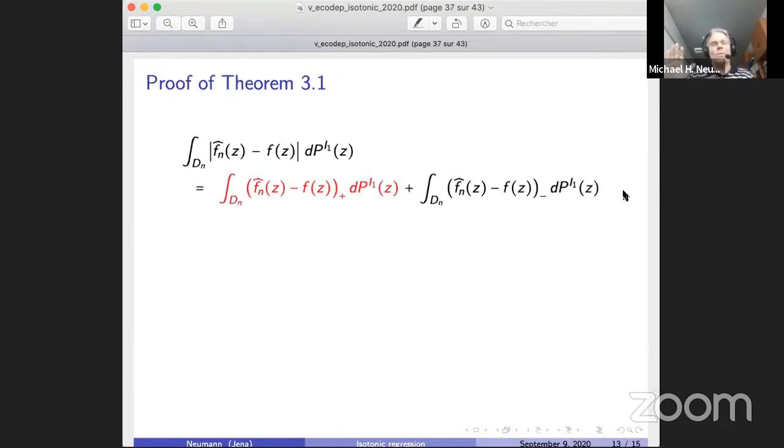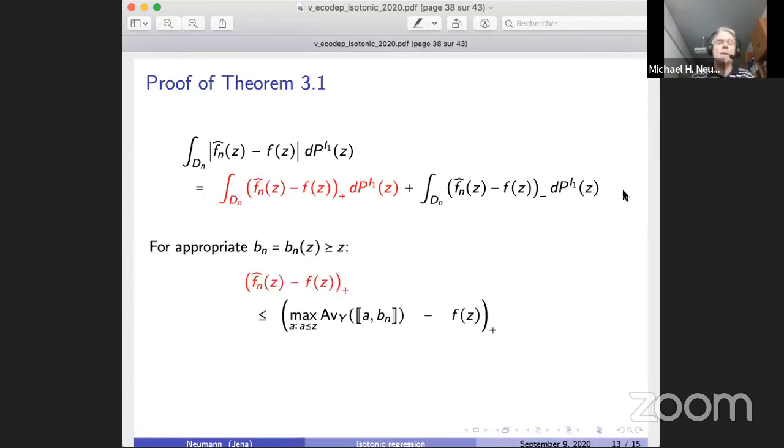So here's a very short sketch of the proof. First of all, we have to get rid of these absolute value signs. That means we consider the non-negative and the non-positive part of the loss separately. So next part. Let's focus on this non-negative part.